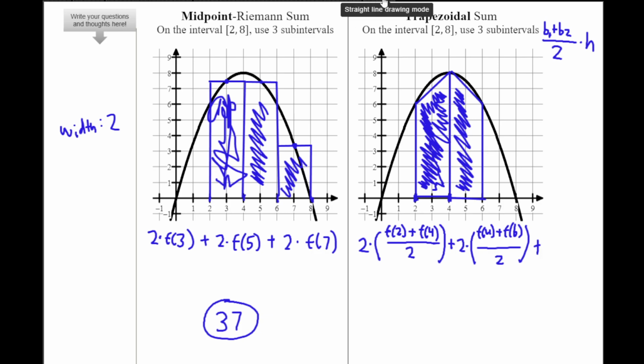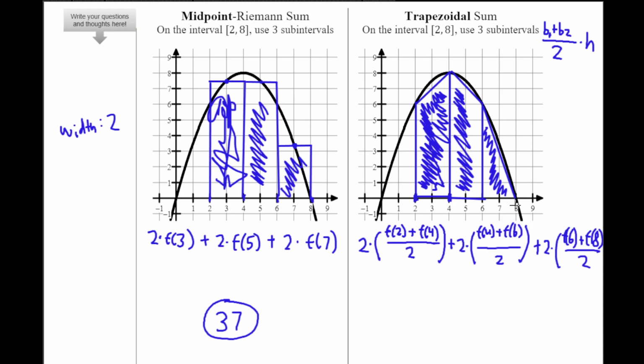Now our third trapezoid, well, the right endpoint's right here. So this is the trapezoid that you have. In this case, it's just a triangle. But still using the formula, it's 2 times f of 6 plus f of 8 over 2.